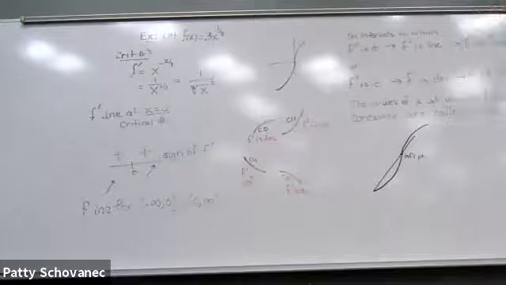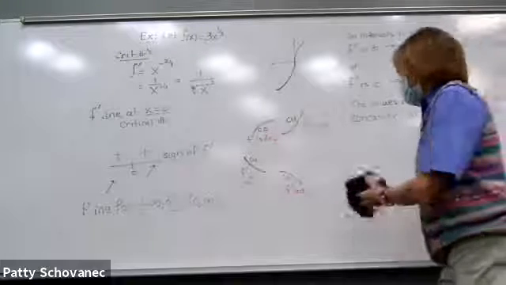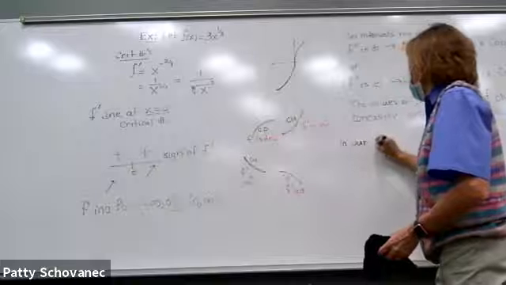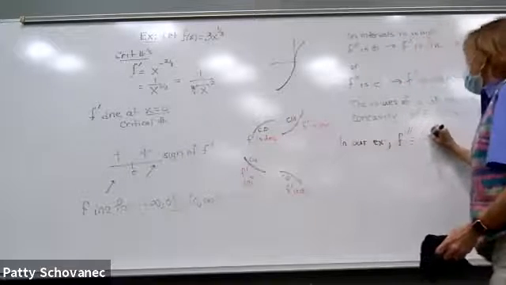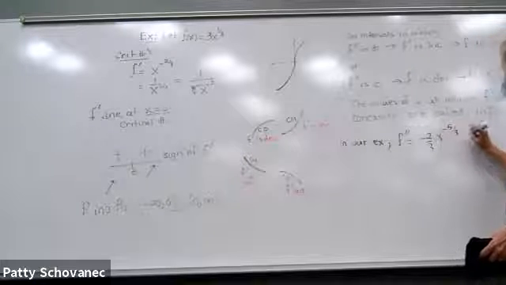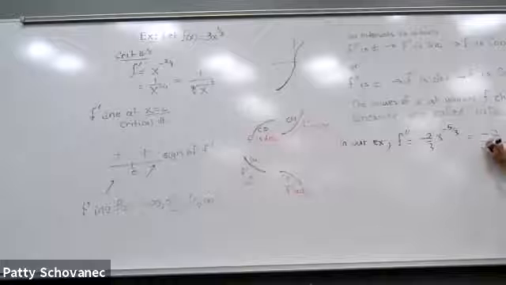In our example, f double prime is negative 2/3 x to the negative 5/3, which I can write as negative 2 over 3x to the 5/3.